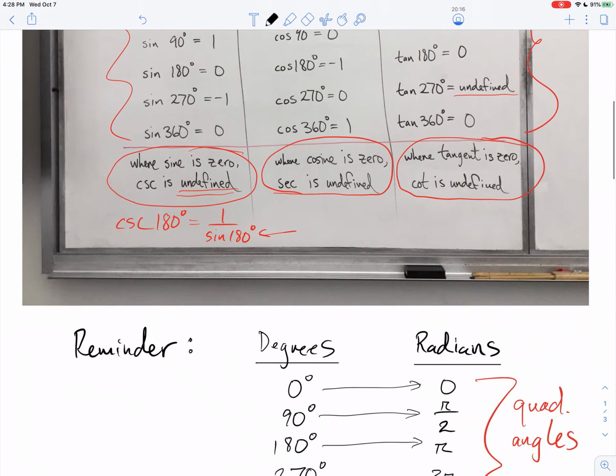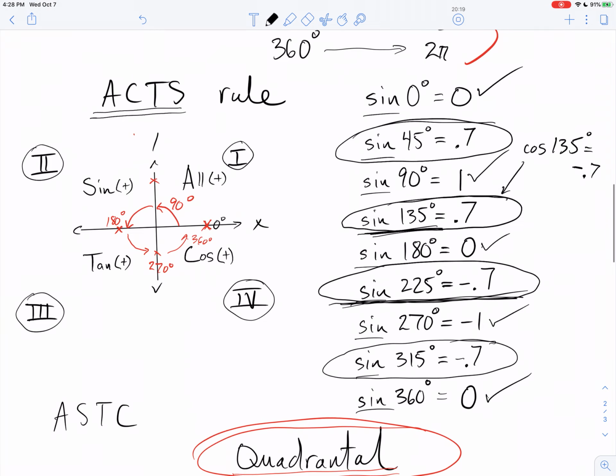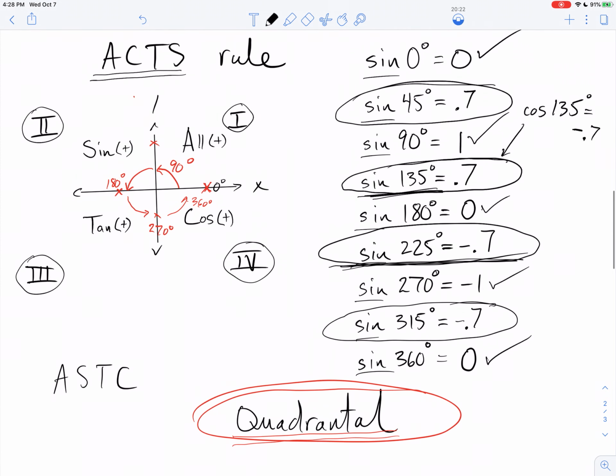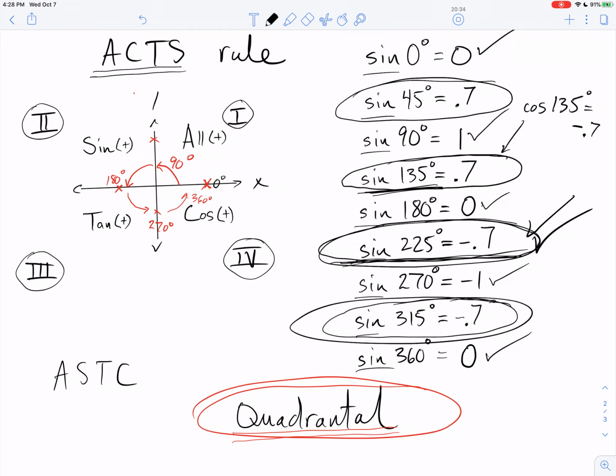Then, the other thing that I need you to get from this is sometimes the trig functions we are dealing with are positive, and sometimes they are negative. Like here, this one, sine of negative 2 pi, that's negative. Well, the ASTC rule tells us where things should be positive and where they should be negative.